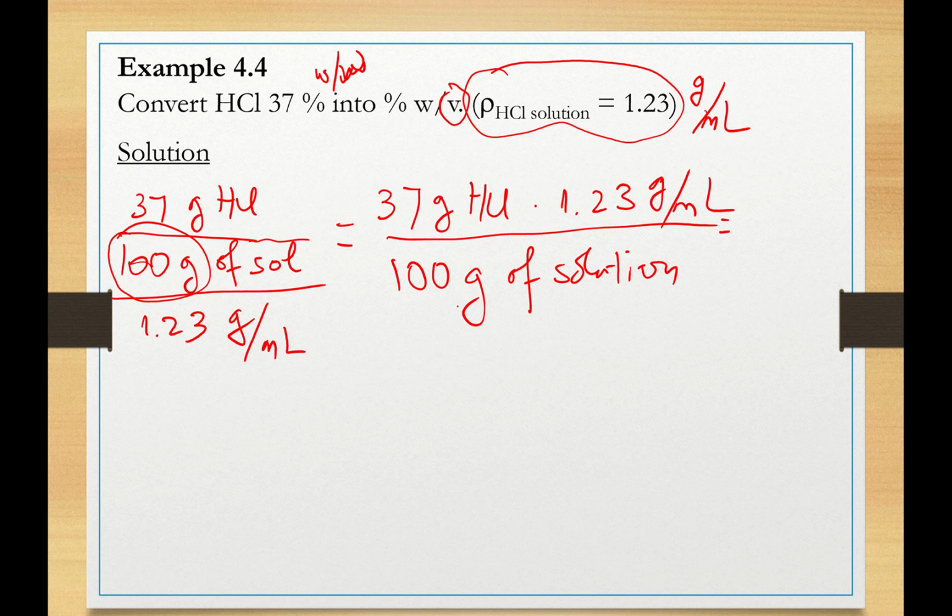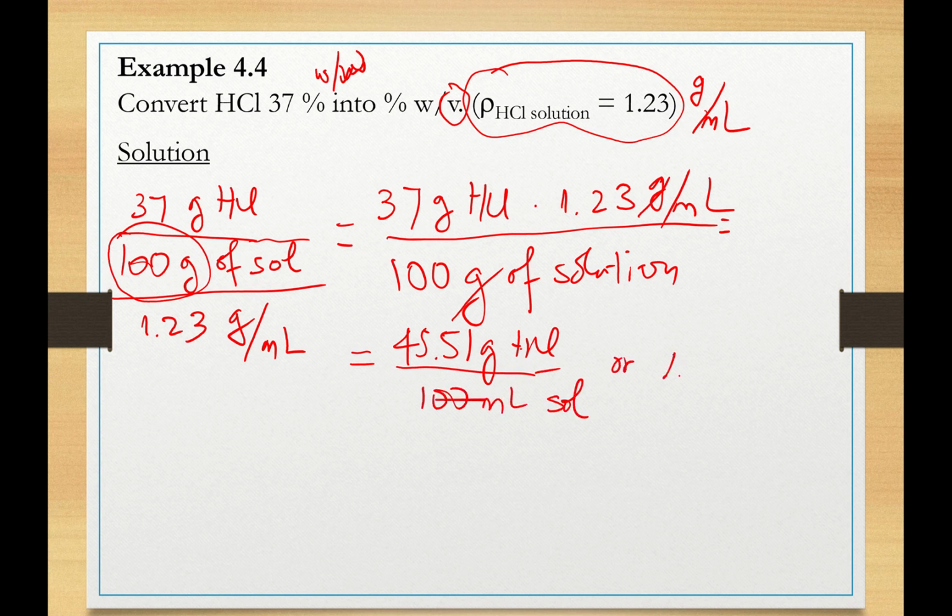So now grams and grams cancel out, and what I have there is equal to 45.51 grams of HCl per 100 ml of solution, or 45.51% weight per volume. So 37% of HCl weight per weight is equal to 45.51% weight per volume.